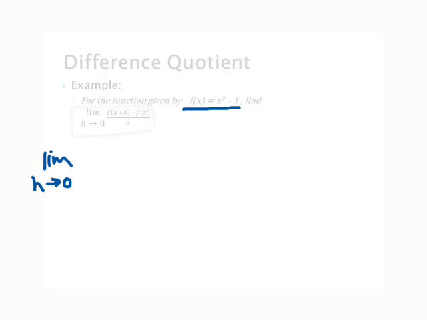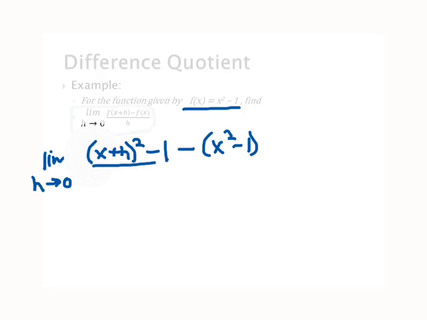So this is going to become x plus h quantity squared, minus 1. And then we're going to subtract from that just f of x, which would be the quantity x squared minus 1. And all of this will be over h.